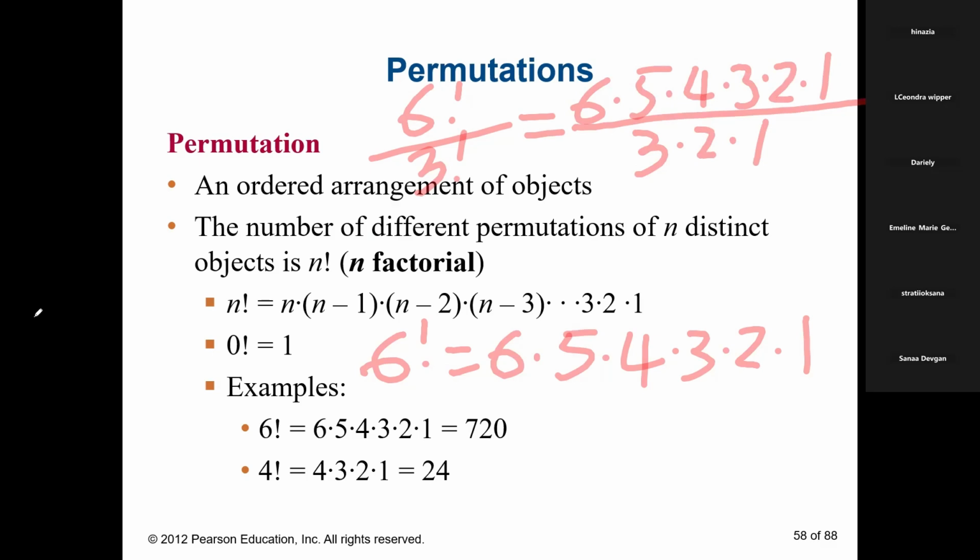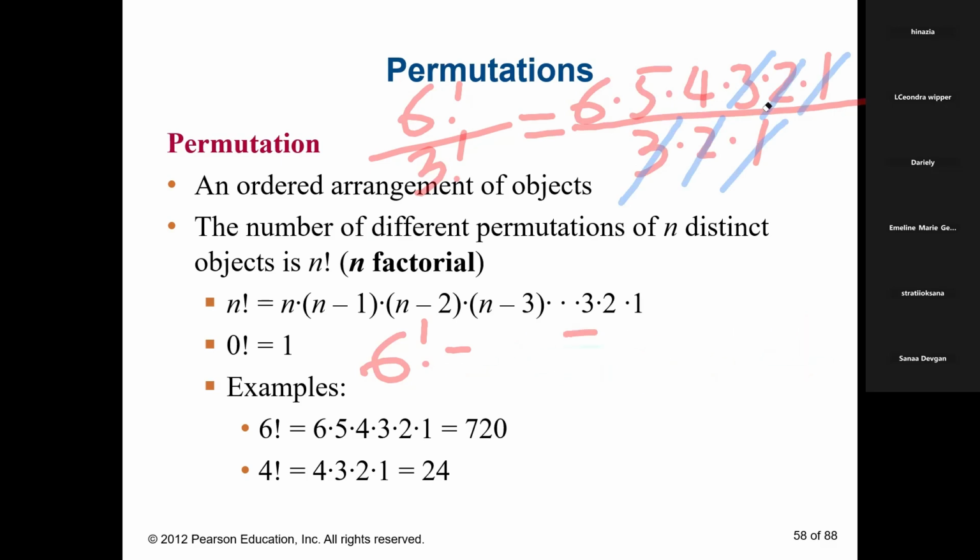And then what can we do here? We simplify. You see here, simplify the 3, simplify the 2, simplify the 1. And then you have only 6 times 5 times 4.